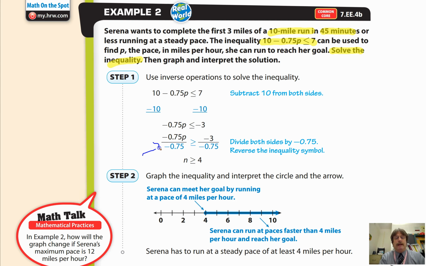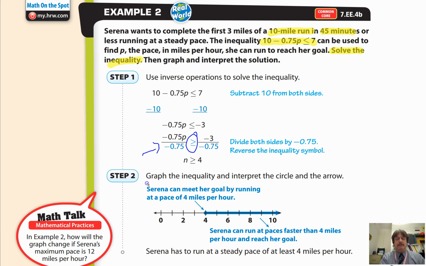Remember, we talked in 7.2 about having to switch the sign if you're multiplying or dividing by a negative, so that the inequality will still remain true. So they changed the sign here because we're dividing by a negative. Negative 3 divided by negative 0.75 is 4. So p is going to be greater than or equal to 4.